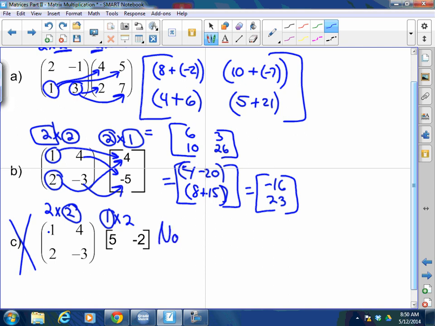Not possible. Yeah, you would literally put not possible. Nope. You can't switch it around. You can't do it like that. Okay?